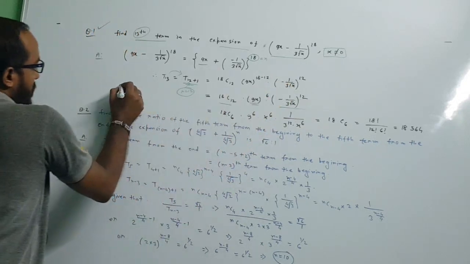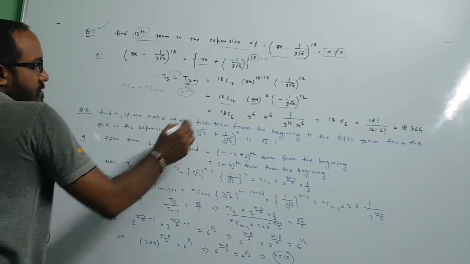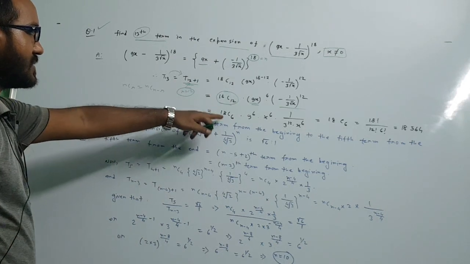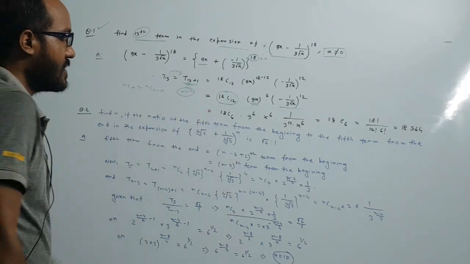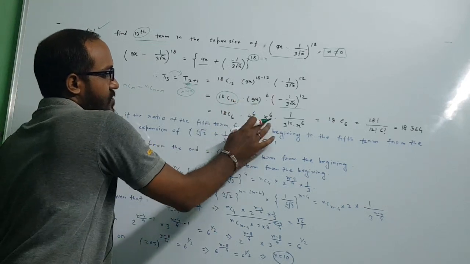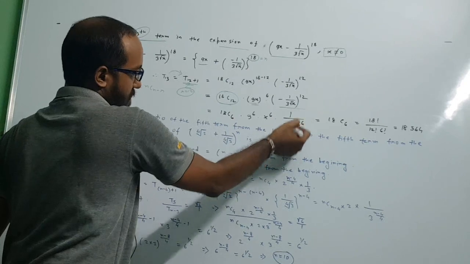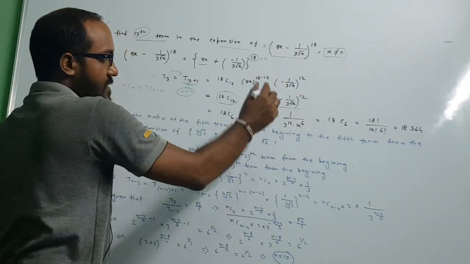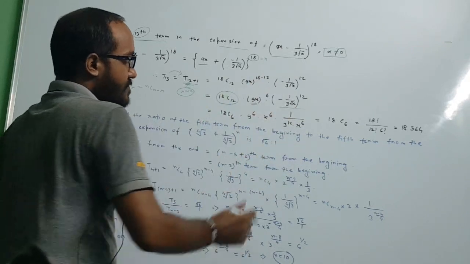Now we know that nCr equals nC n minus r. So we can write 18C12 as 18C6, and this is 9 to the power 6 into x to the power 6, and this would be 1 by 3 to the power 12, and this would be x to the power half multiplied by 12, that is x to the power 6, and minus 1 to the power 12 is plus 1.